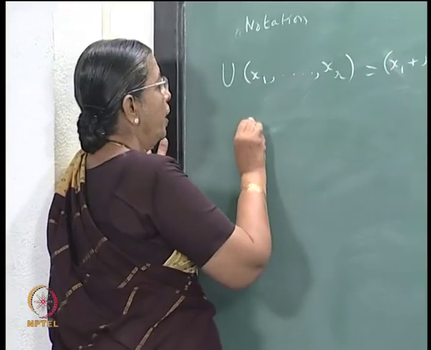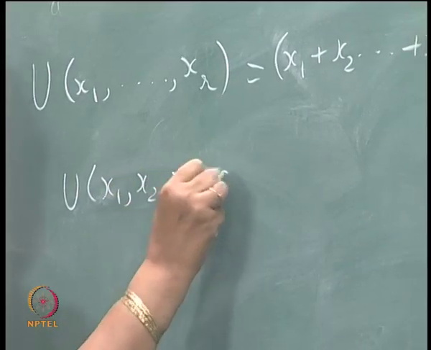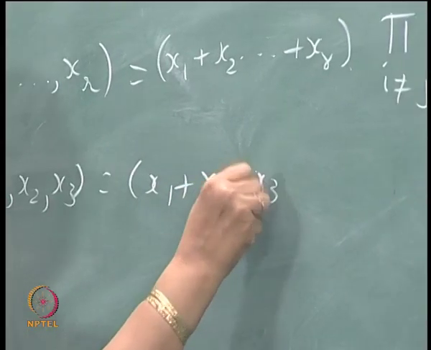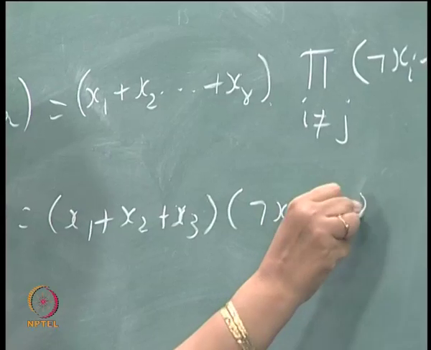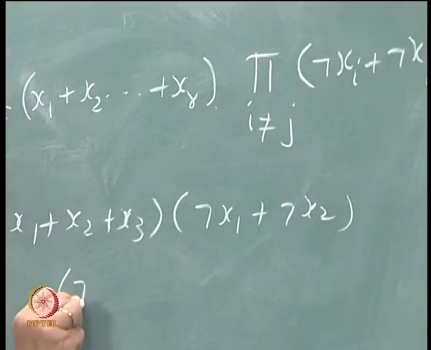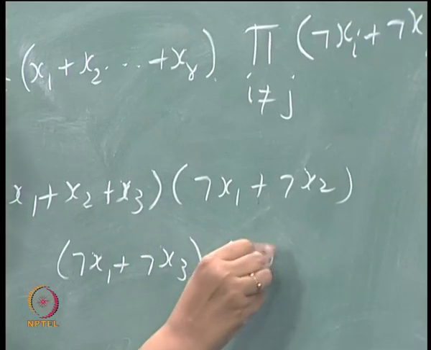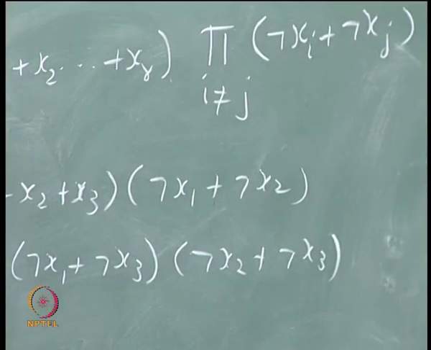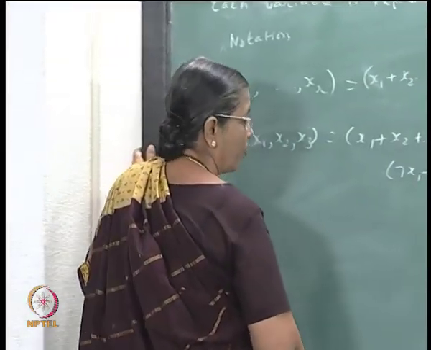So, for example, U of x1, x2, x3 will be (x1 plus x2 plus x3)(not x1 plus not x2)(not x1 plus not x3)(not x2 plus not x3). It will be like that; for r you can write like that.